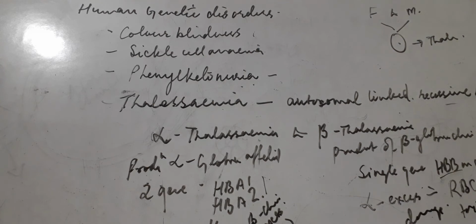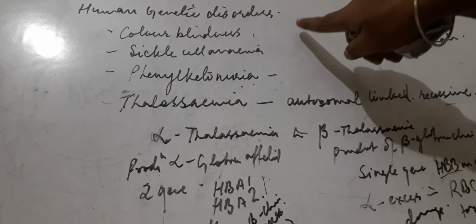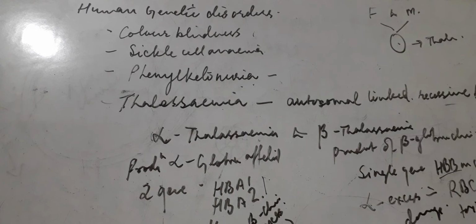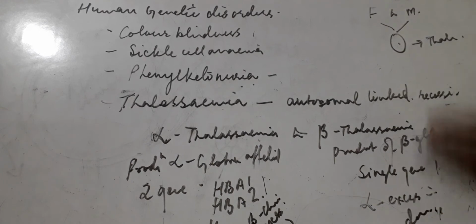Now we will continue the disorders arising from chromosomal abnormalities. यहाँ पर क्या था, genes abnormalities थी कि gene change हो रहे हैं. Now we will move to chromosomal abnormalities, है ना.